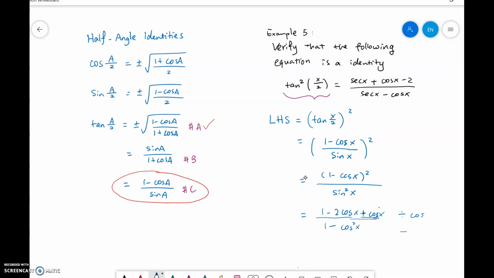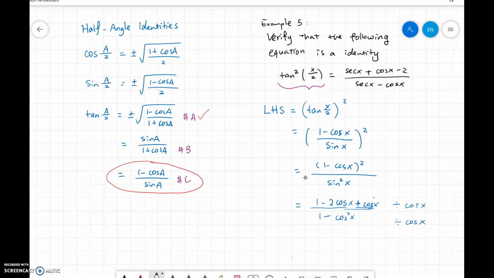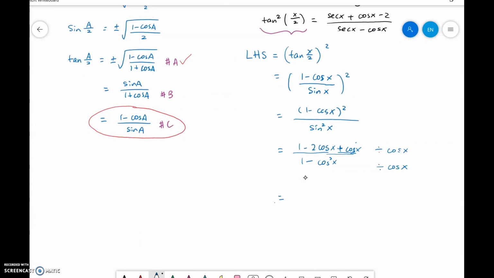Okay, so I'm going to divide everything by cosine of x. That means I'm dividing every single term by cosine of x. Same thing for the denominator.